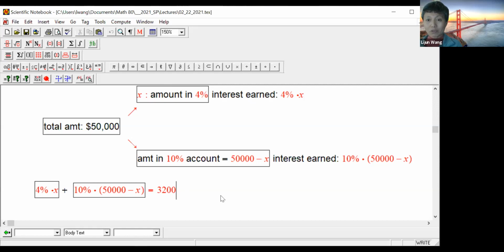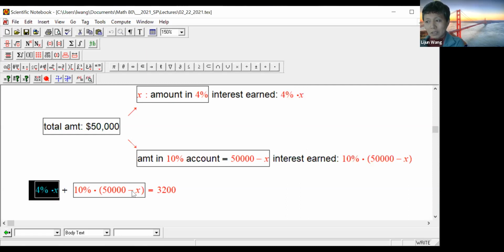Of course, I'm going to answer the question, how do I show work? Do I have to show all of these? I will get there. Does everybody follow me right now? Total is 50,000. X amount in 4%, and 50,000 minus X will be the principal in the other account. Interest earned, interest earned.